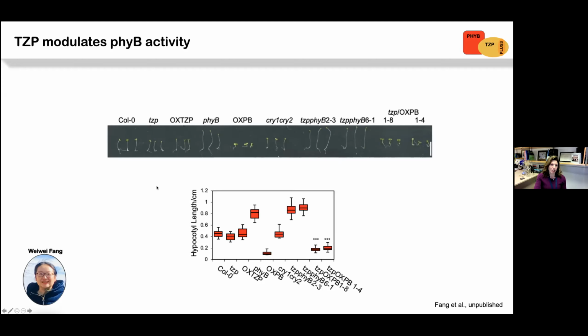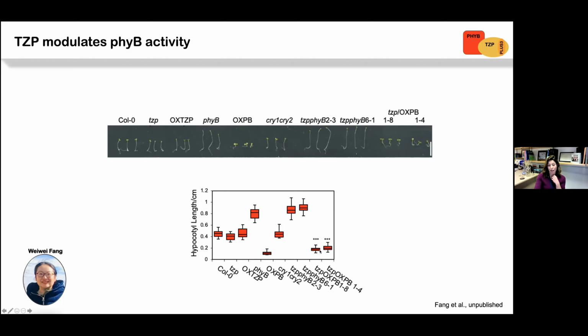And also we could see that TZP can modulate phyB activity. Again, we had never seen a phenotype in TZP knockouts or overexpressors in response to red light. But then when you start crossing TZP with an overexpressing phytochrome B line, you can see that overexpression of phytochrome B basically leads to hyperactive responses.